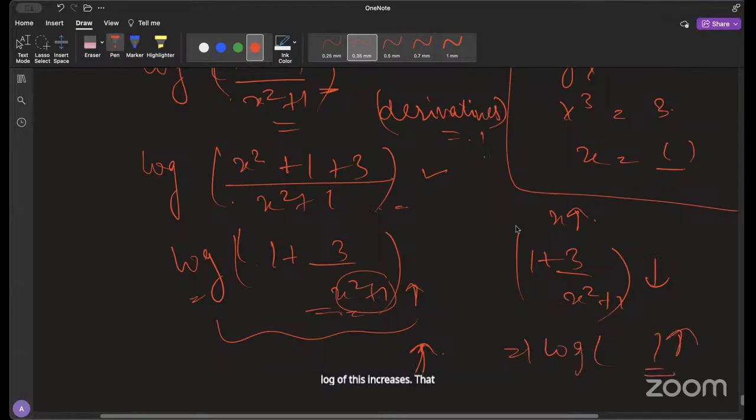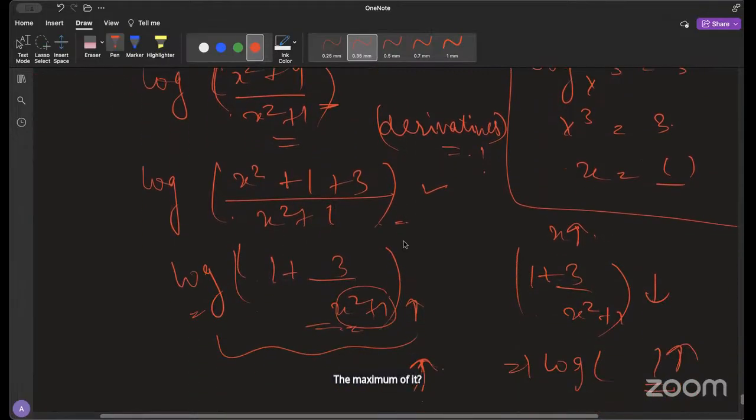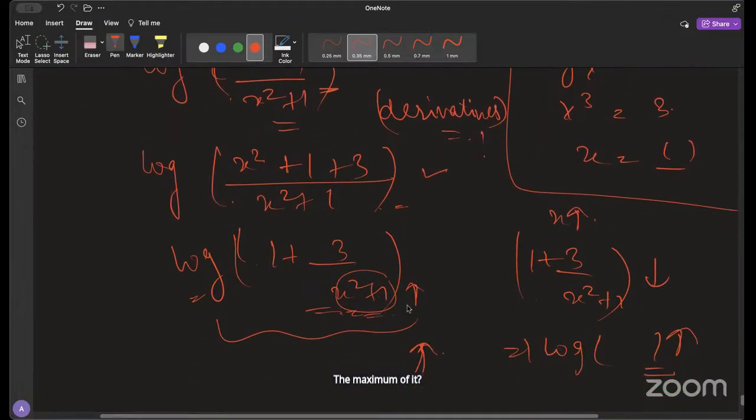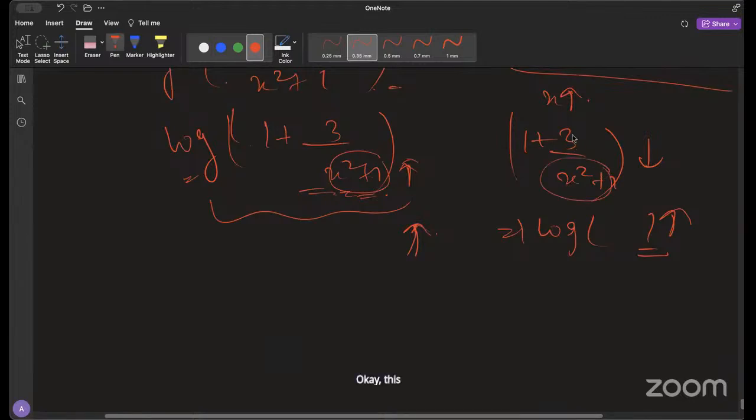So if you have to find the maximum of it, this is increasing, this thing is decreasing, so this whole thing is decreasing. And log is an increasing function, right? So this is decreasing. Is this part clear?